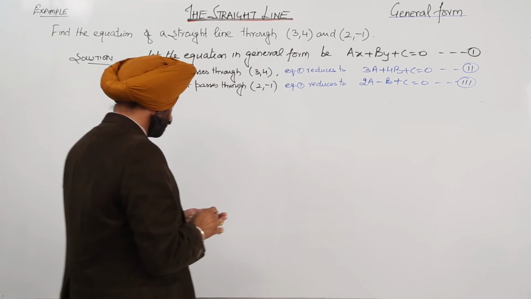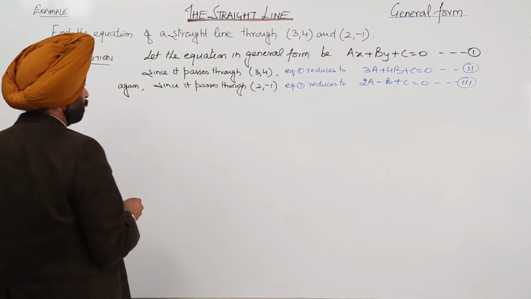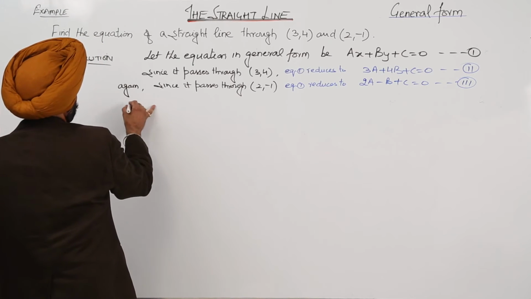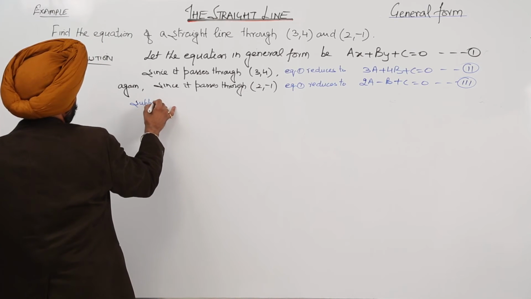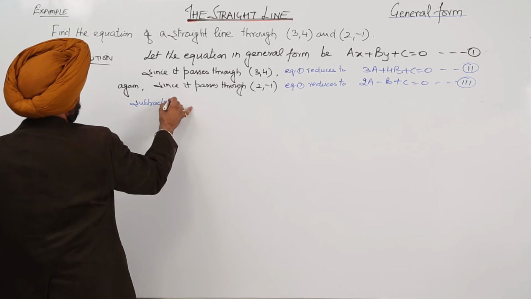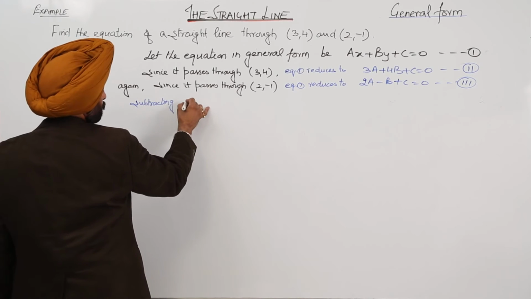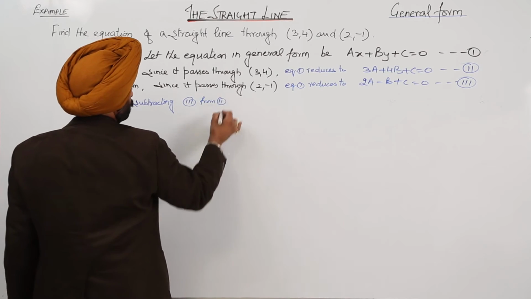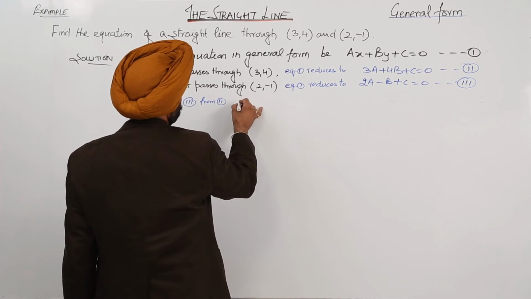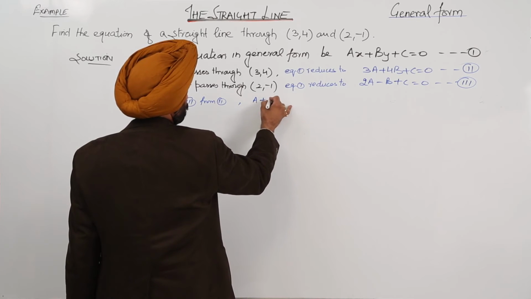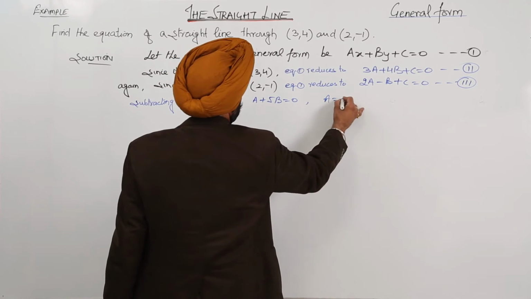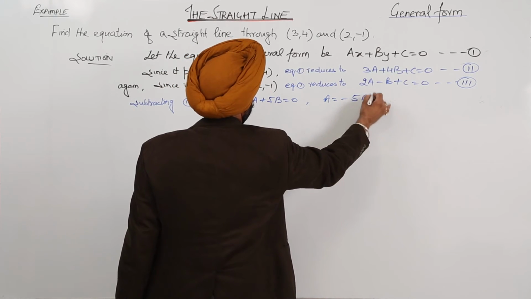Now, subtracting 3 from 2, a + 5b = 0 and a is equal to -5b.